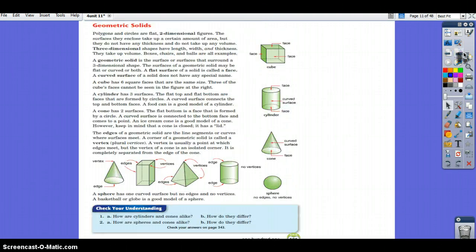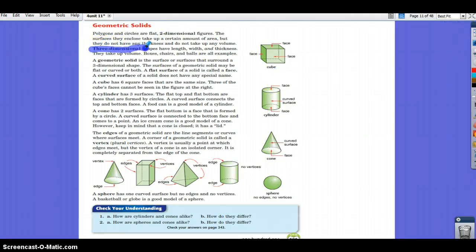Geometric solids. Polygons and circles are flat, two-dimensional figures. The surfaces they enclose take up a certain amount of area, but they do not have any thickness and do not take up any volume. Three-dimensional shapes, and I'm right here, have length and width and thickness.